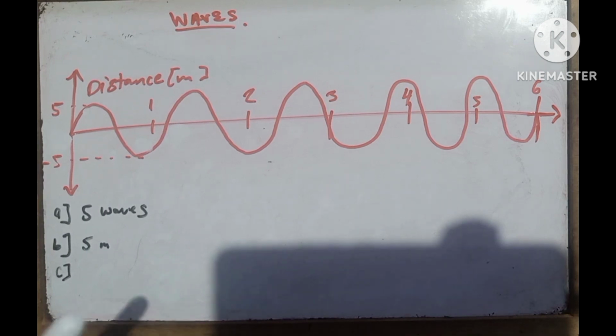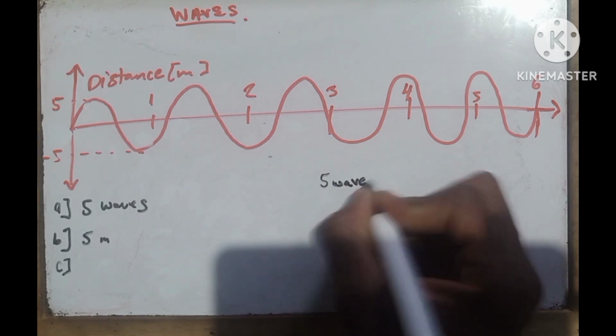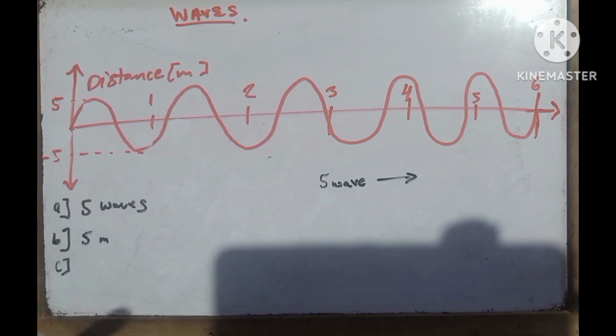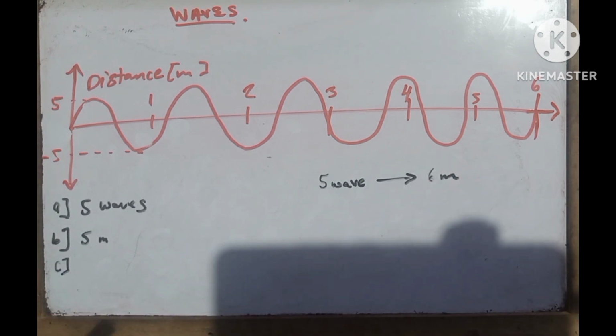What we're going to do is write the number of waves that we have and the distance that we have. Looking at this, we found that we have how many waves? We have 5 waves, and in these 5 waves, they have a distance of 6 meters.